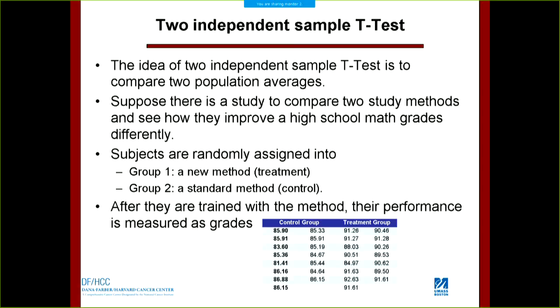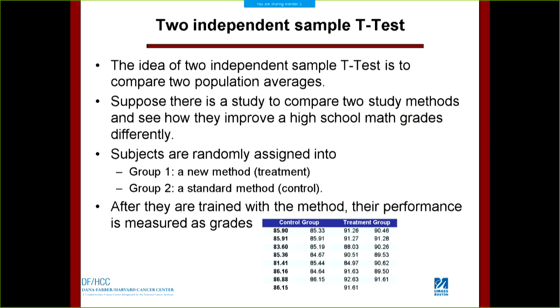Now, I will begin with a very simple example, the randomized controlled experiment design for two groups. The idea is to compare a new method for improving math grades. Subjects are randomly assigned into two groups. One is the treatment group, the new method or new drug, and the control group is the placebo group, or ordinary training group.